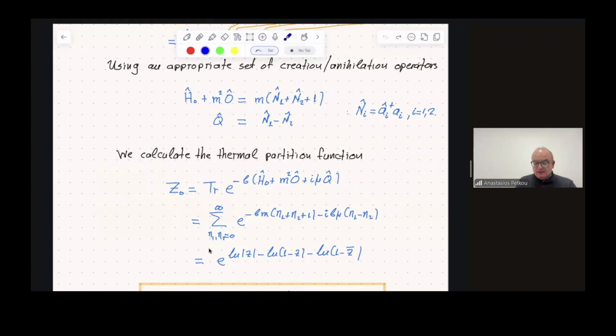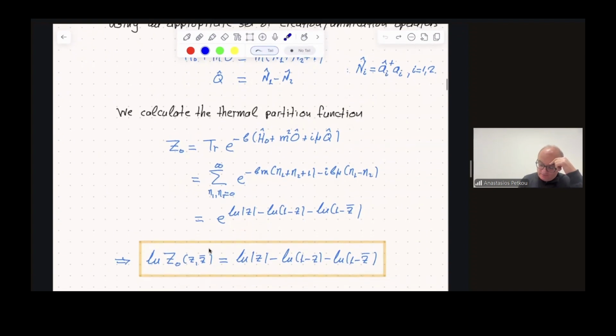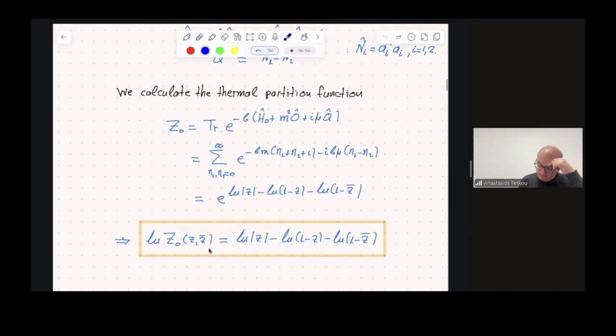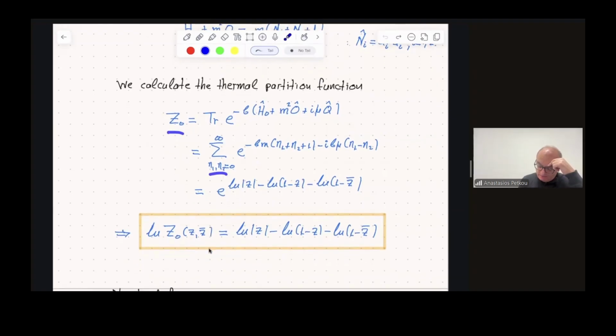Essentially, again, for some of you, this should remind you of the Schwinger model, which is two harmonic oscillators whose spectrum generates the SU2 irreducible representations. But I'm not going to dwell on that. Now, then we can calculate the thermal partition function easily. I just repeated a few calculations here.